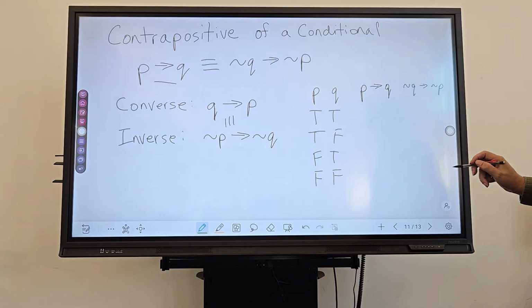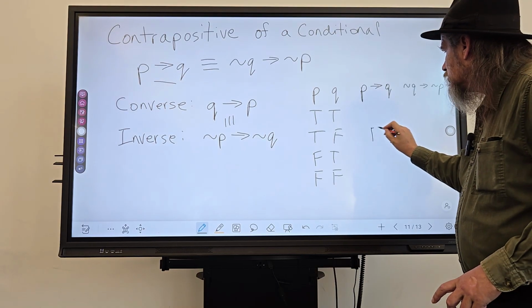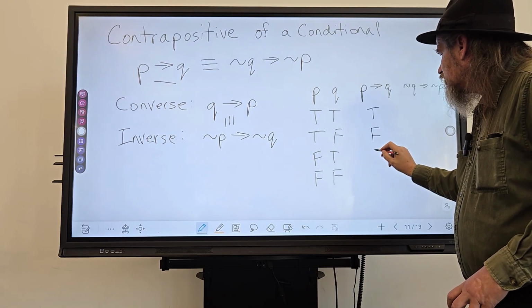P implies Q is false here, true everywhere else.